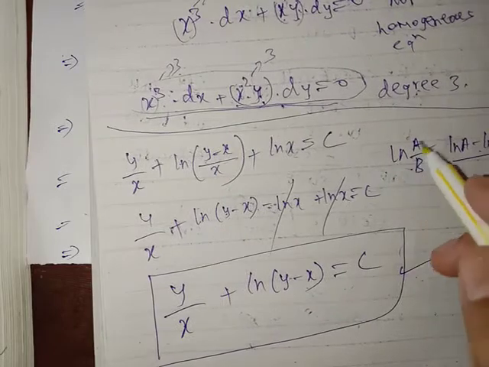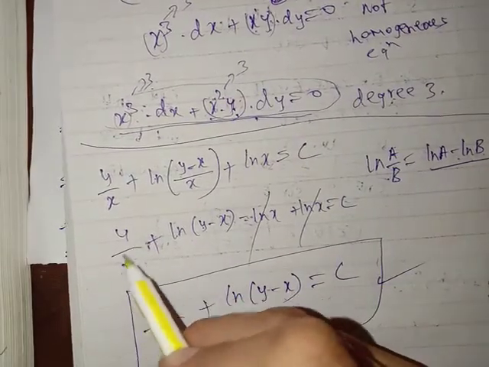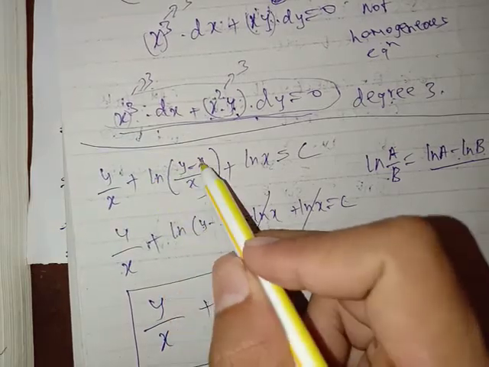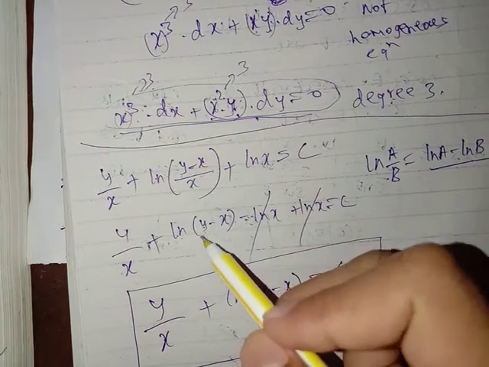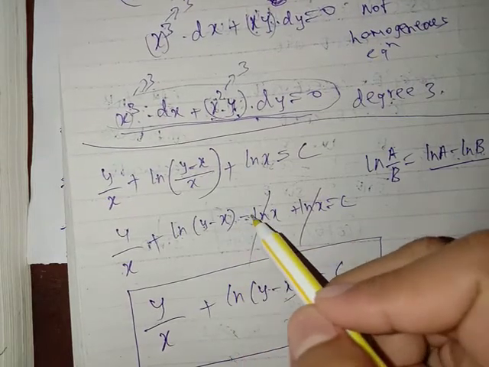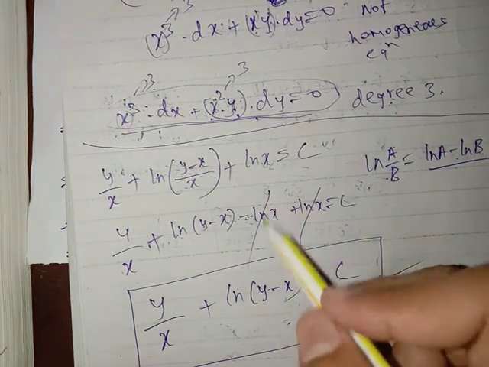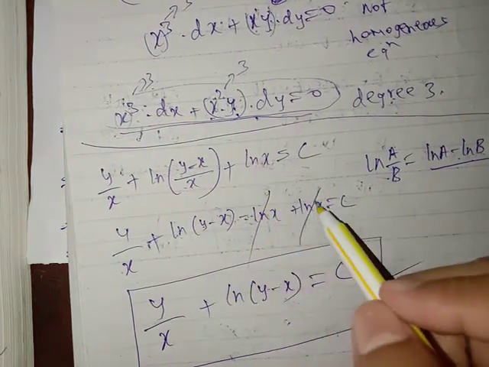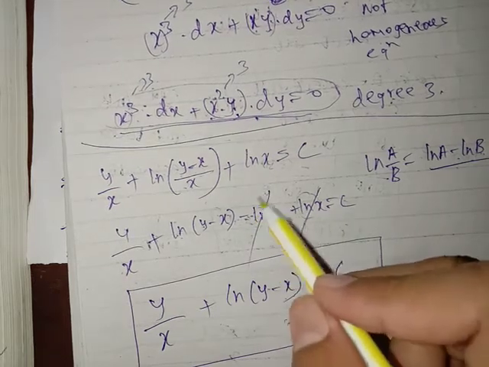We know that ln of a by b is equal to ln a minus ln b. So y by x plus, we can write this as ln of y minus x minus ln x. This is plus ln x, this is minus ln x, so ln x and ln x cancel. ln x minus ln x is 0.